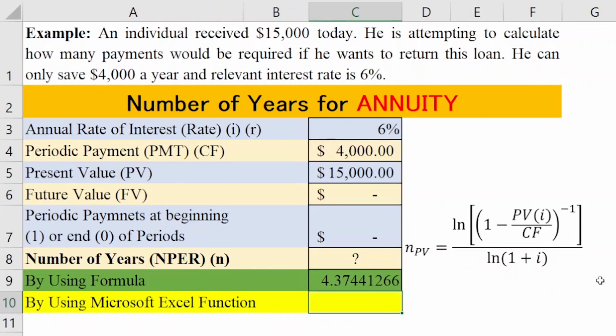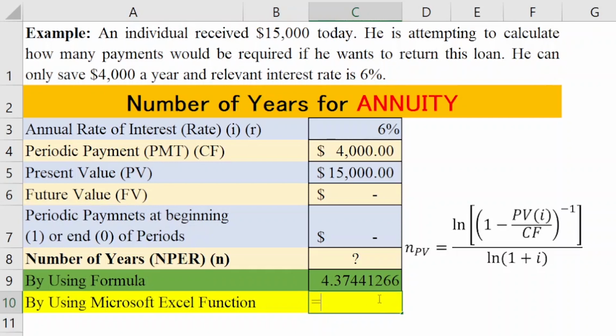N is computed, that is 4.37 years to accumulate 15,000 if you can save 4,000 each year and earn a 6% interest rate on your savings. Similarly, by using the Microsoft Excel function, we can compute this easily.